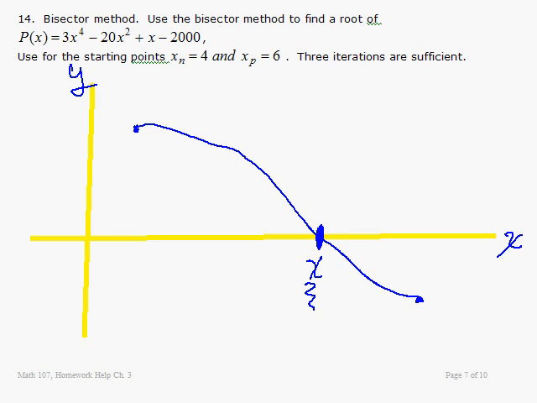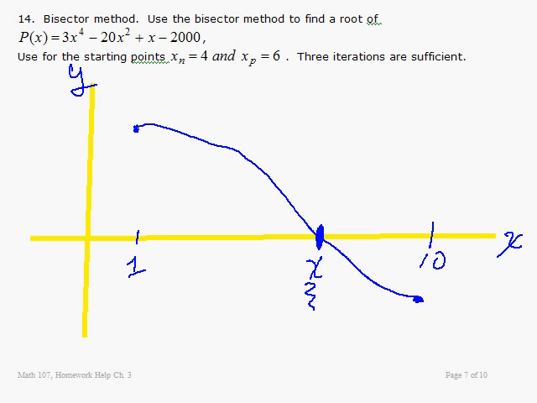Say I know this is, I use the n's and p's, you can use whatever you want. Let's say this is 10 and this is 1. So I know when x is 10, it's negative. When x is 1, it's positive. Somewhere between 1 and 10, it crosses the x-axis, and there's the number I'm looking for. So to find this number by the bisection method, I take the 1 and the 10.